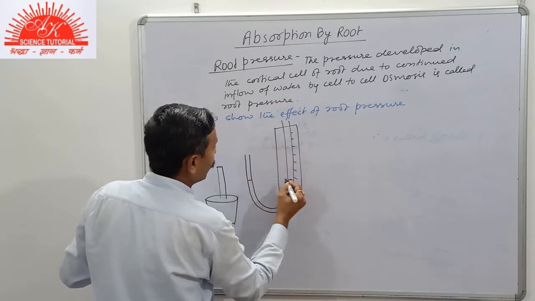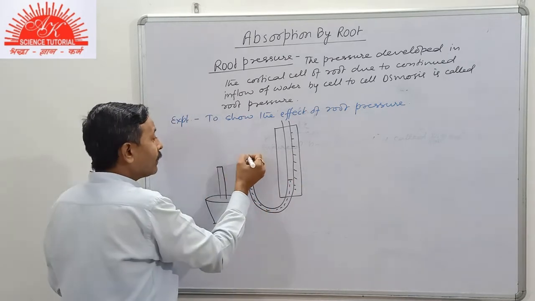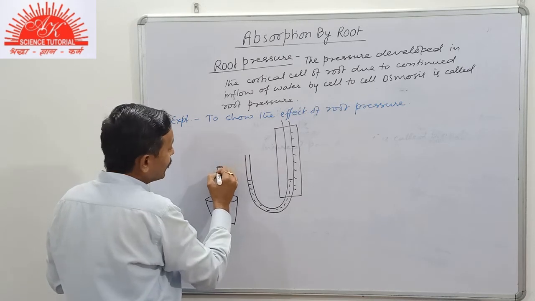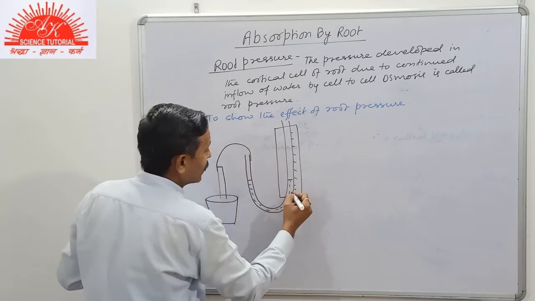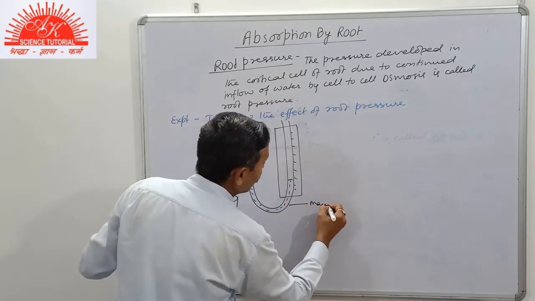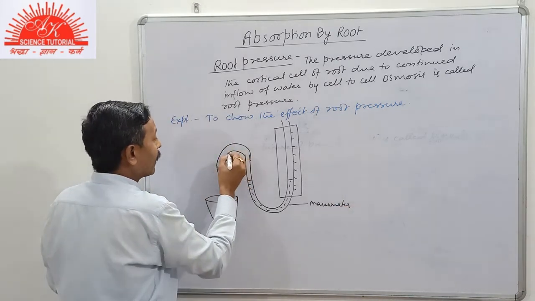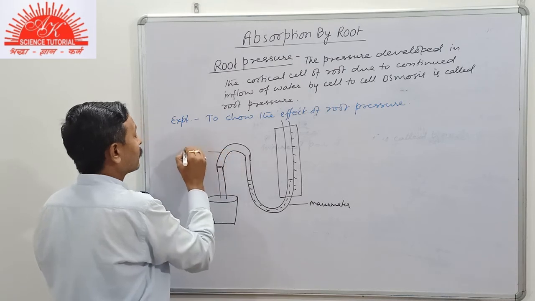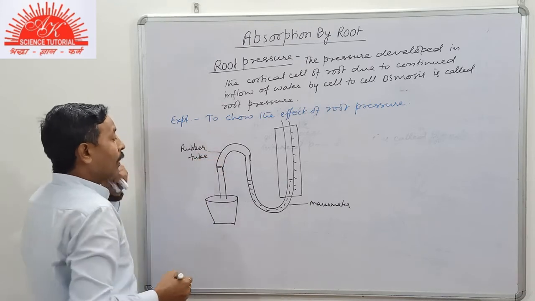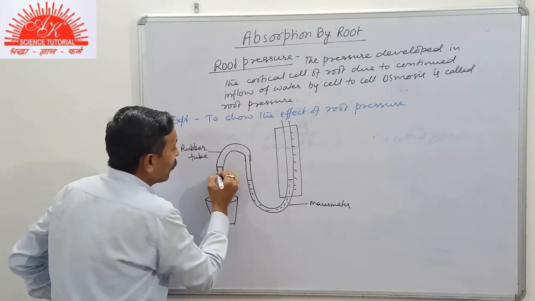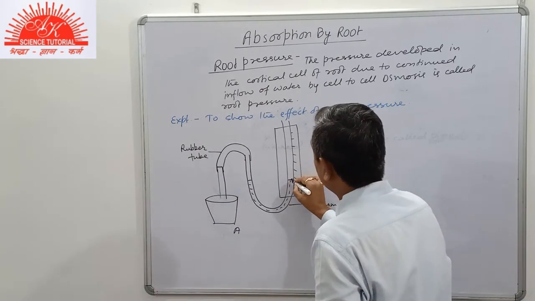Here is the fluid, suppose mercury is placed here. Then the cut stem and this glass tube, the manometer, are connected with the help of a rubber tube. Now it is sealed properly. This is the initial setup, and this is the initial level.